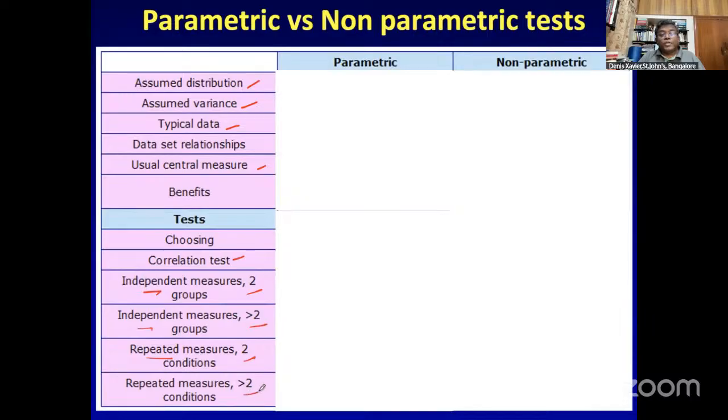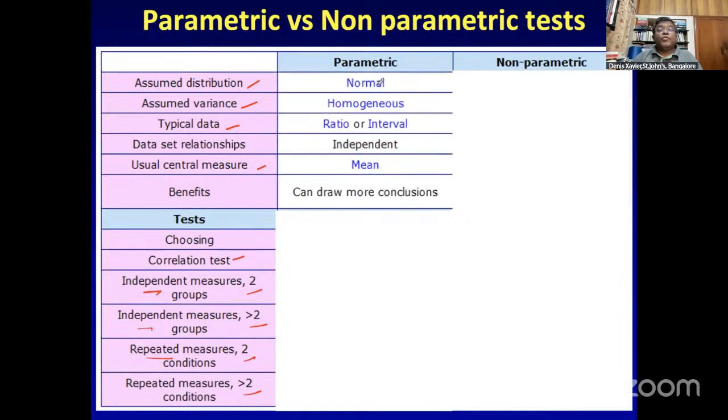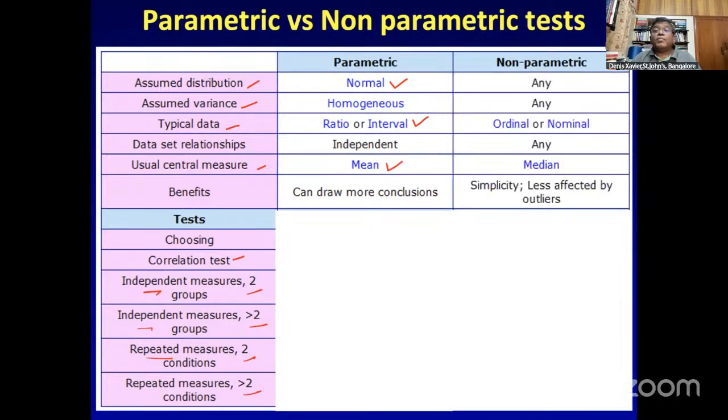This is all for our inferential tests, which we'll do from next time onwards. So for parametric data, repeatedly I told you we need normal distribution, right? Ratio or interval data, and mean is what we use. For non-parametric, any distribution we can do, ordinal or nominal data typically, and we use median. Okay. Always an important message: always use parametric tests where possible.